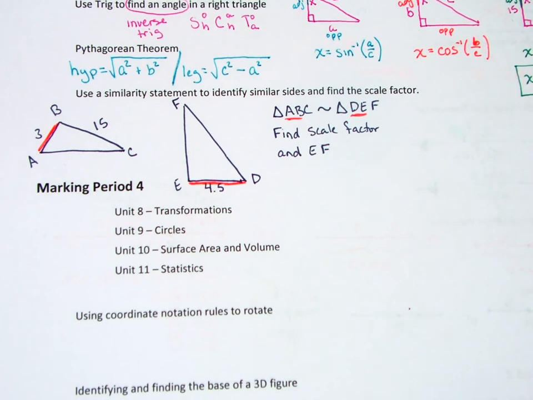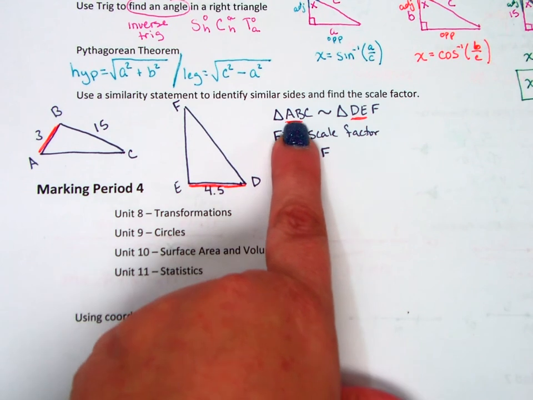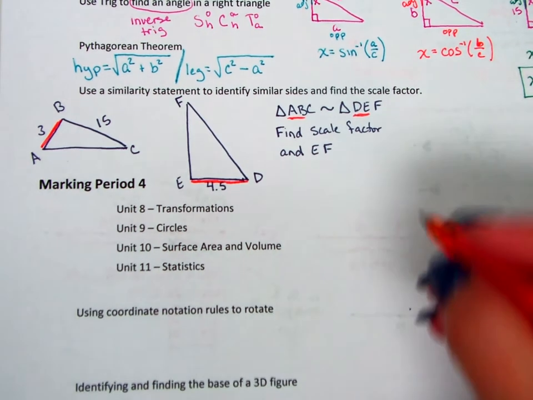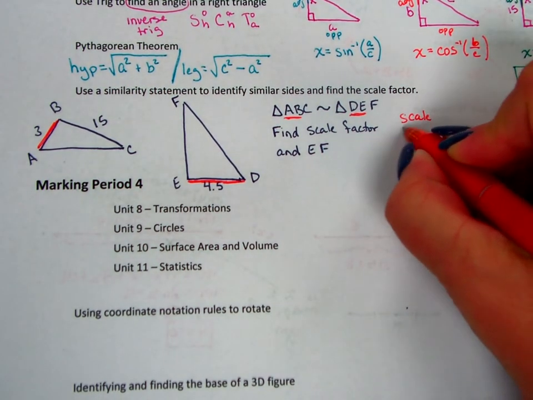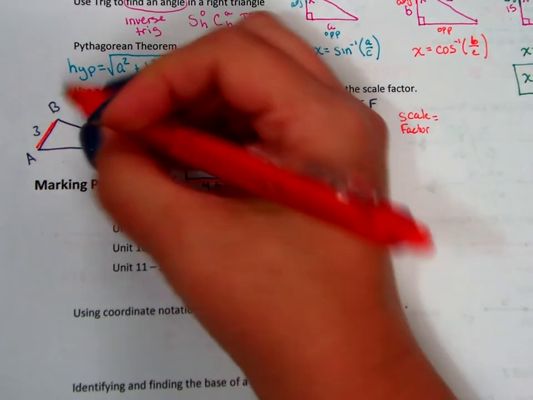Which one? A and B. So those two sides are going to match. I can use those two to find my scale factor because they're corresponding. Since my similarity statement is written with ABC first, that's how I'm going to do my scale factor.